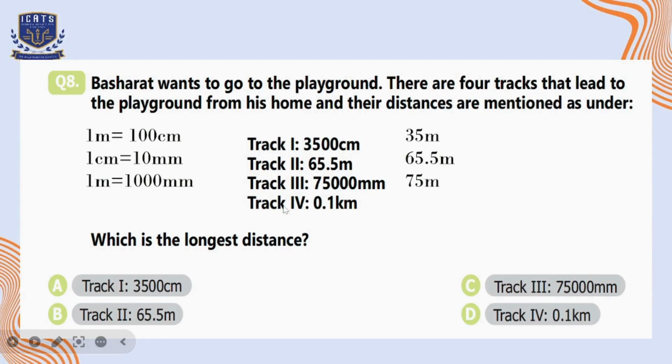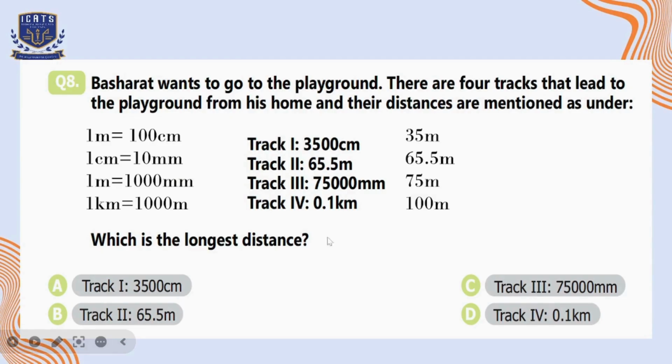Now, the length of the fourth track is given as 0.1 kilometers. So we know that there are 1000 meters in 1 kilometer. So here to convert it into meters, we will multiply the value by 1000 because we are converting a bigger unit into a smaller one. The answer will be 100 meters.